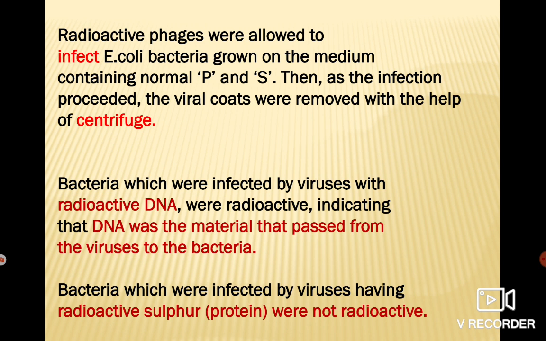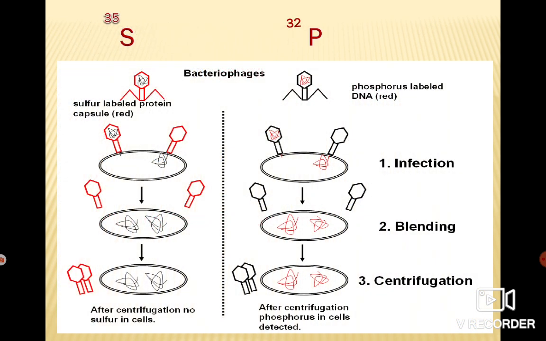Then as the infection proceeded, the viral coats were removed with the help of a centrifuge. See here, the first step is infection, meaning the bacteriophage is allowed to infect bacteria. Two sets of experiments are there. In the first, radioactive sulfur, in the second, radioactive phosphorus.